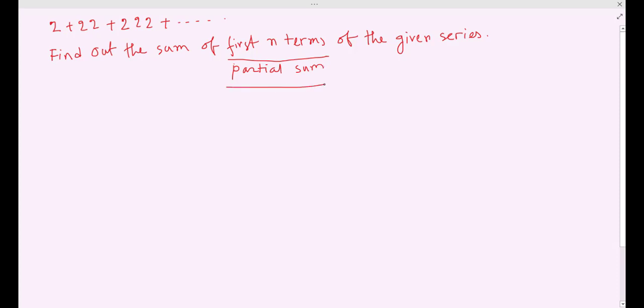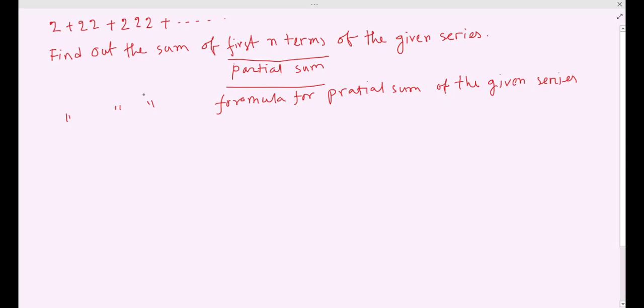Or you might be told like this: find out the formula for partial sum of the given series.